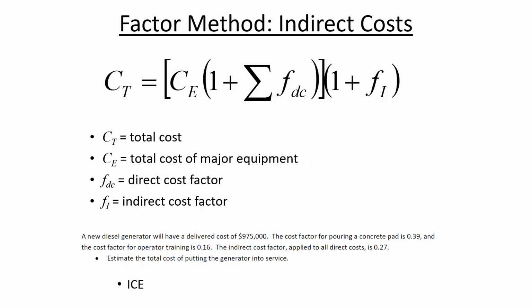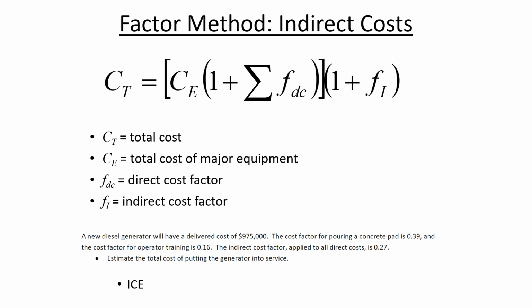Now we can go into a little bit more sophistication there, and look at the cost of an item when taking into account the major equipment, but then also adding on indirect cost factors. A major piece of equipment is going to be representative of some fraction of the cost.